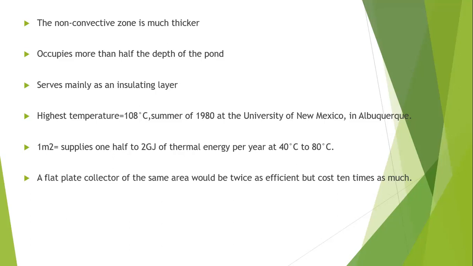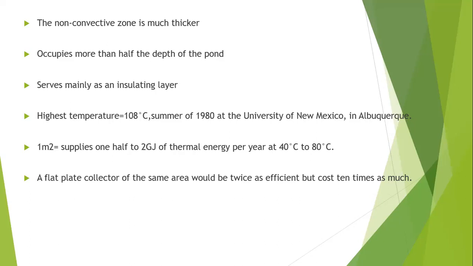The lower convective zone, or storage zone, is comparable in thickness to the non-convective zone. Both the concentration and temperature are nearly constant in the third zone. I am talking about the third zone, the storage zone. The concentration and temperature remain constant in this zone.